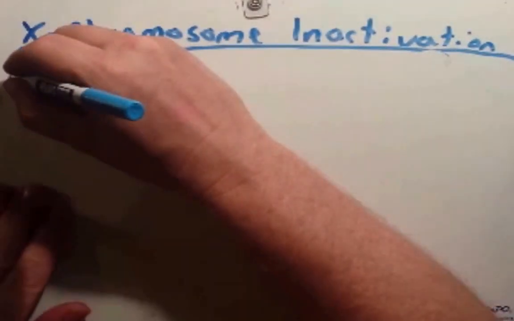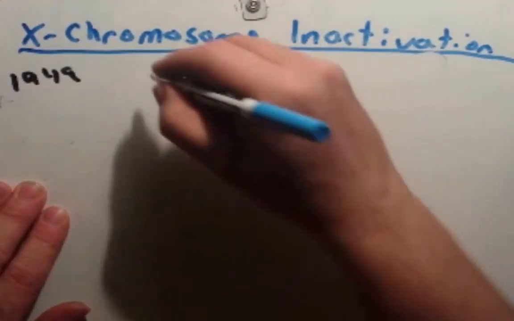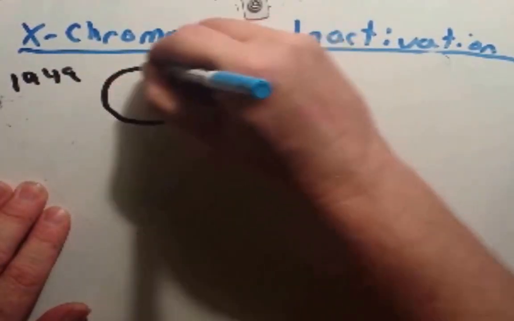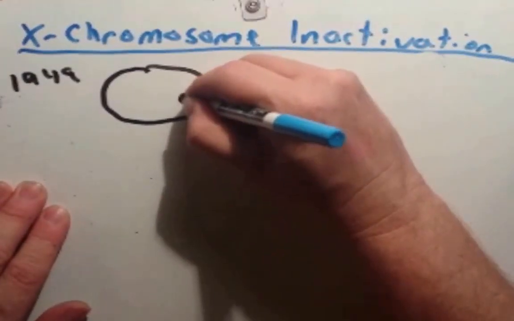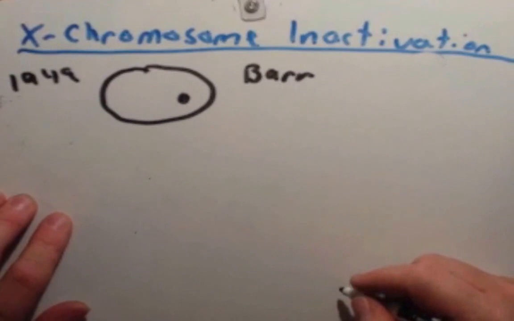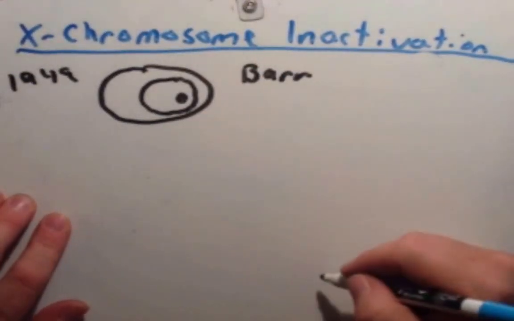In about 1949, researchers, one of them by the last name of Barr, discovered a densely stained body inside of the nucleus. And they only found it in female cells.